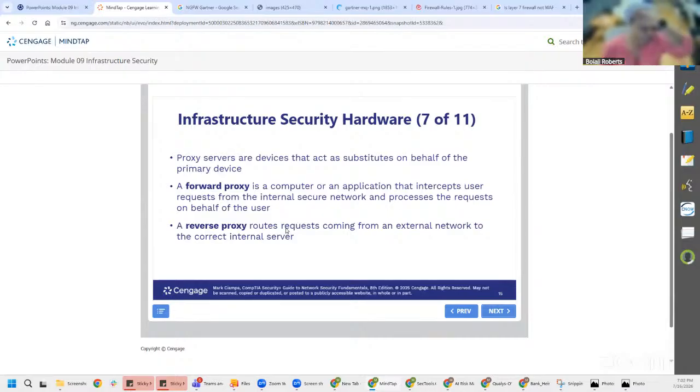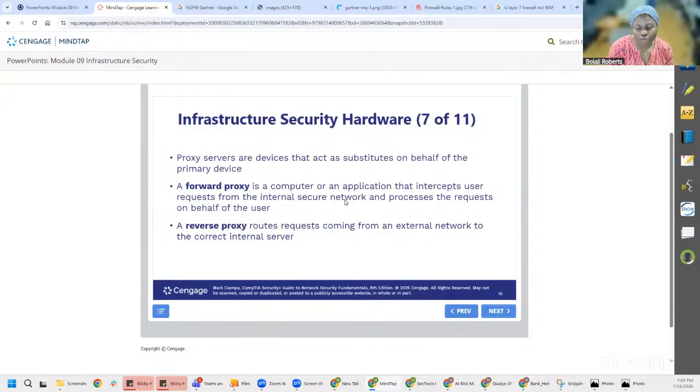Okay. Right. So then we also have proxy servers. Just the way the name sounds, a proxy is a device that acts as a substitute on behalf of a primary device. So you have the primary device that is making a request, but is not able to make that request directly.